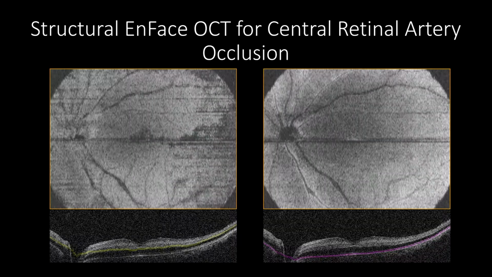In central retinal artery occlusion, the IPL slab will appear hyperreflective throughout the slab, covering all areas involved in the occlusion. However, if the retinal occlusion spares the cilioretinal artery, then the spared area will appear hyporeflective.